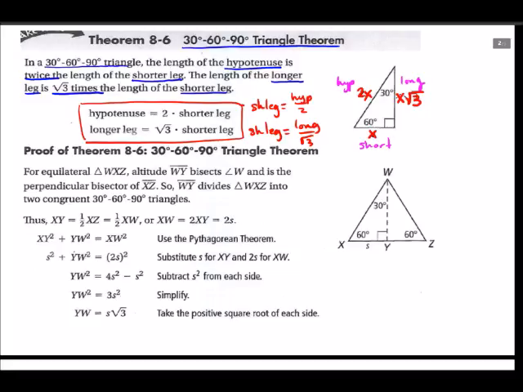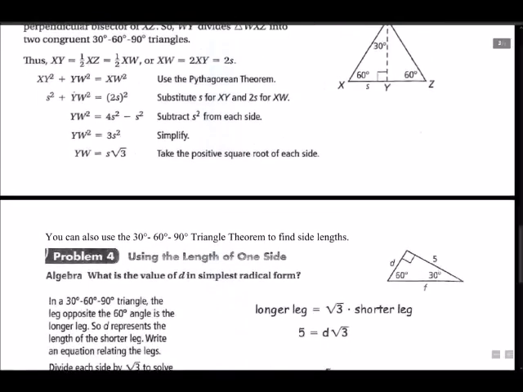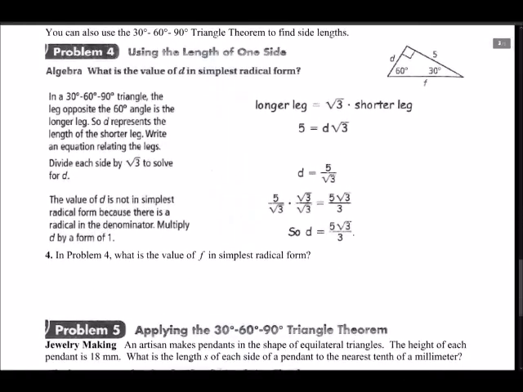The proof of this, again, is just the Pythagorean theorem. You can look through the proof here, and you just use the Pythagorean theorem to find it based on the length of a side. So let's go straight to a problem using the length of one side.